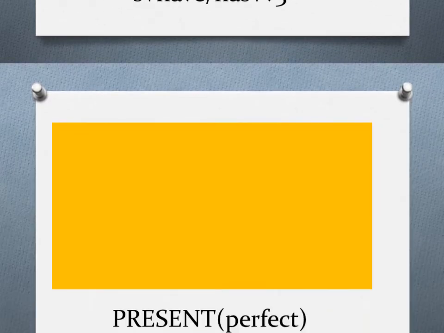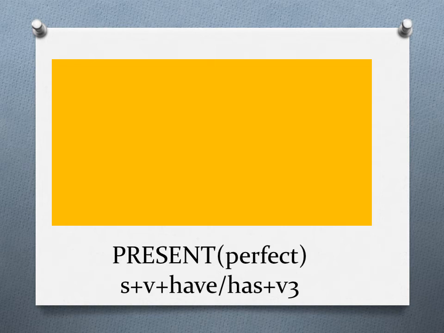Now we have a clear-cut idea of present perfect. A few examples are added to this category. Look at the first example, "been": I have been to Tokyo.